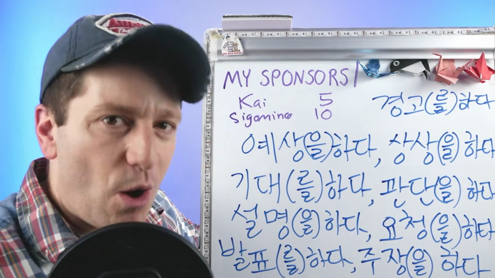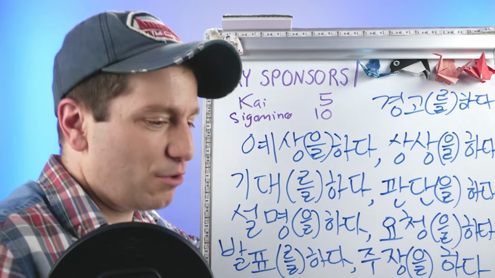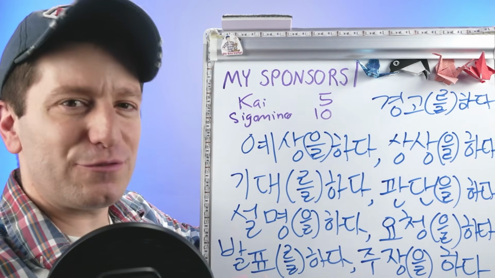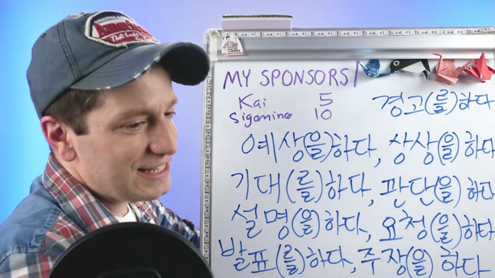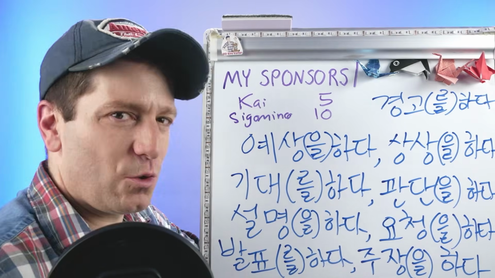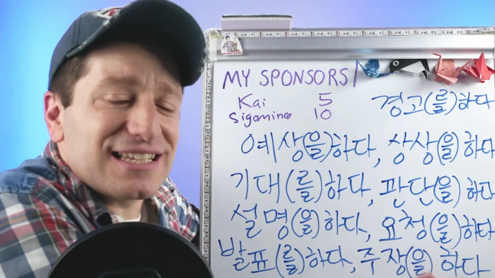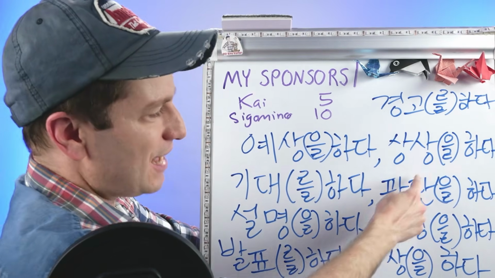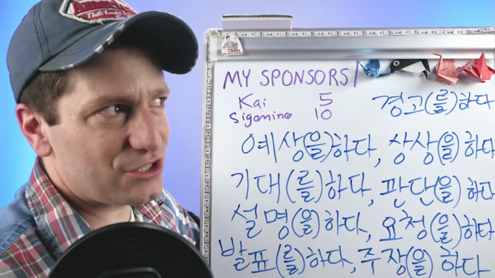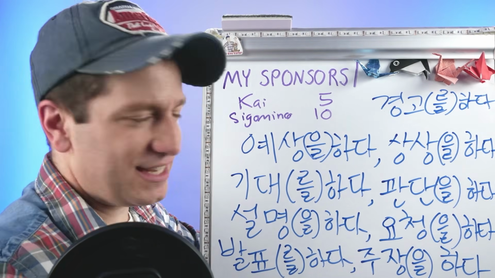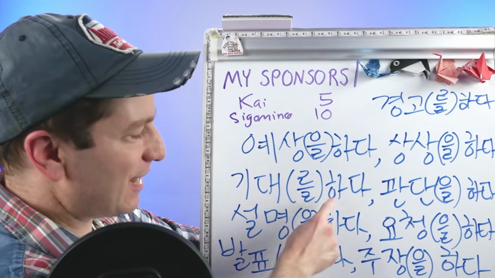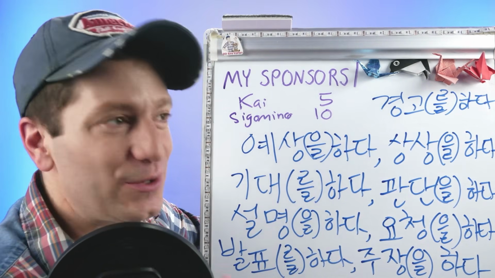So we've used quoting now to say things like to promise or to believe, but you can also do it for tons of other verbs. And these are just some of the most common ones. 예상하다, to expect or to forecast. So like I was expecting as in predicting. 상상하다, to imagine. So imagine that. 경고하다, to warn, to give someone a warning that. 기대하다, to look forward to or to expect something.